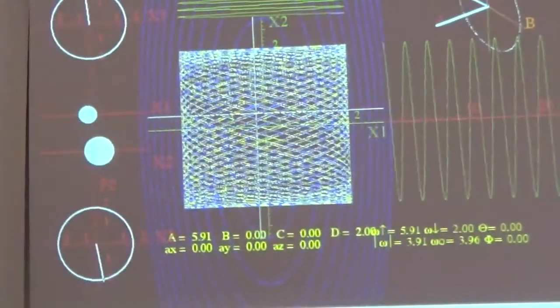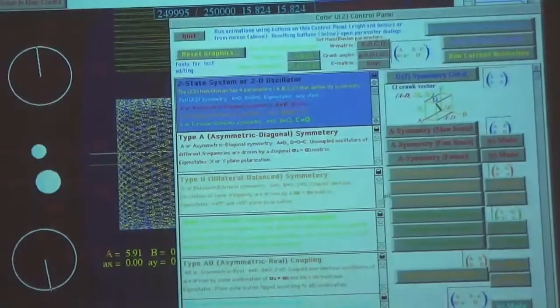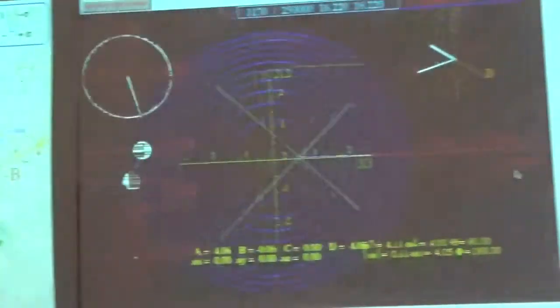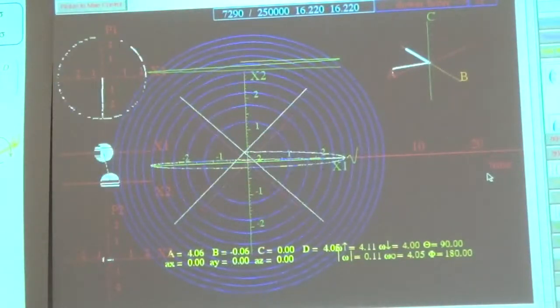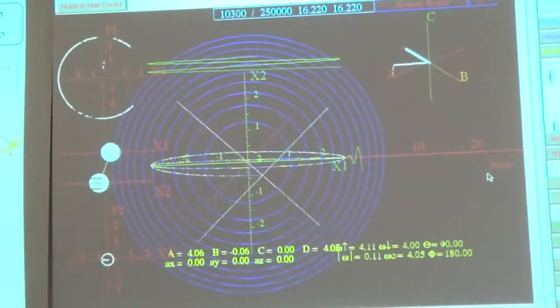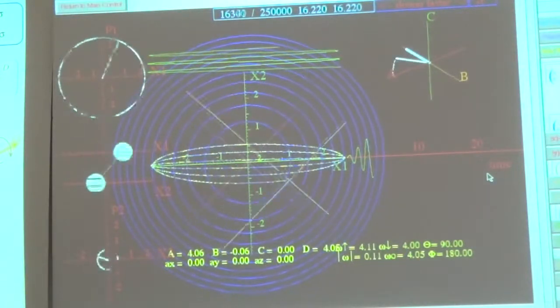So let's go ahead and I'm going to set this thing up for that case. Our second case is B. And there it is going. And I'm starting off on the x-axis this time. Remember, that was an eigenstate for A, but it sure as heck isn't an eigenstate for a B operator.